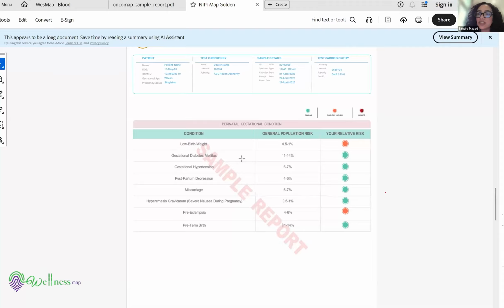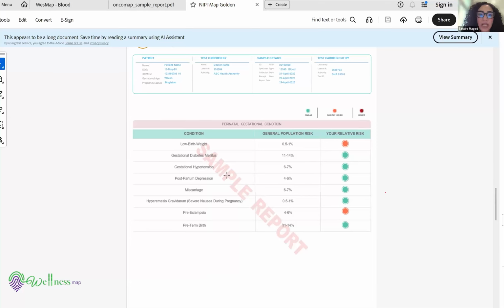Then we have the gestational diabetes. Here we see that 11 to 14% of the general population has such a risk. And then the relative risk for this patient is normal, similar to other patients or other mothers out there. Then we have the gestational hypertension, also 6 to 7% population risk.